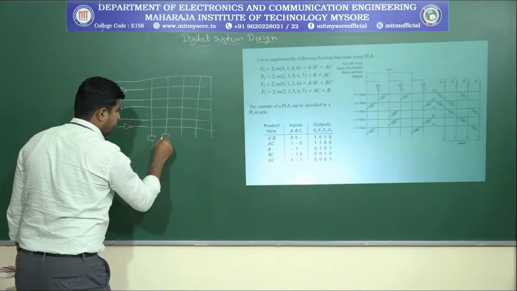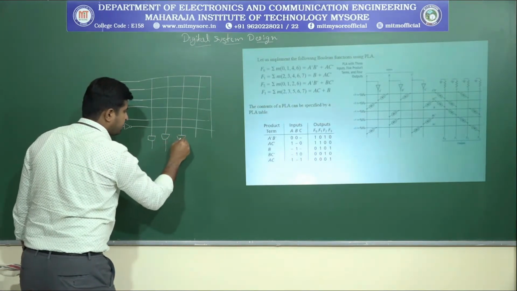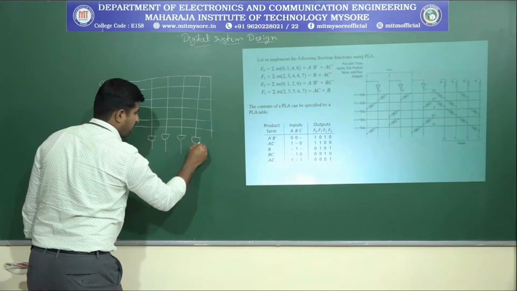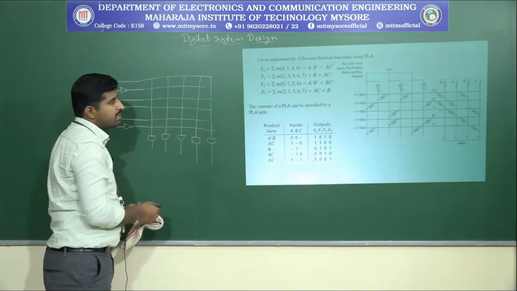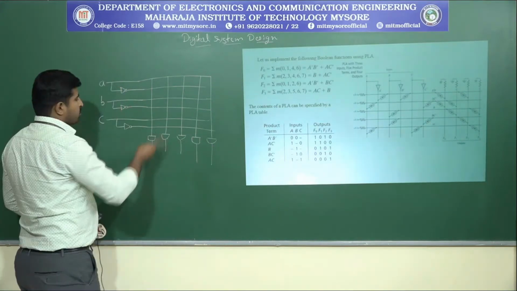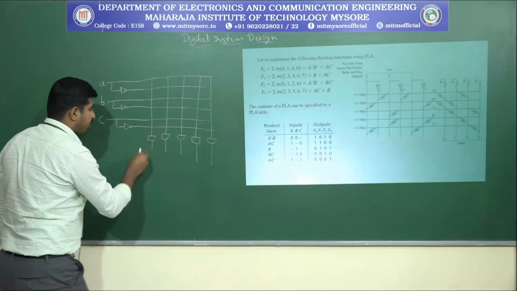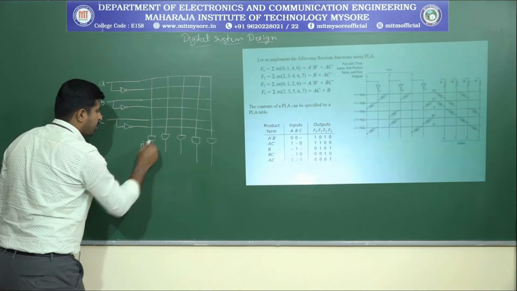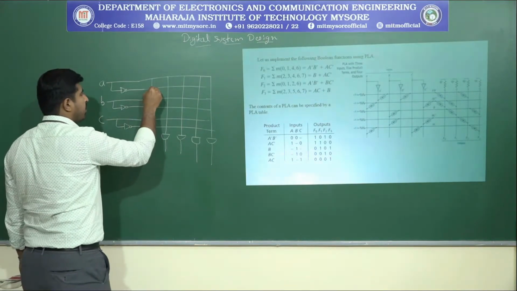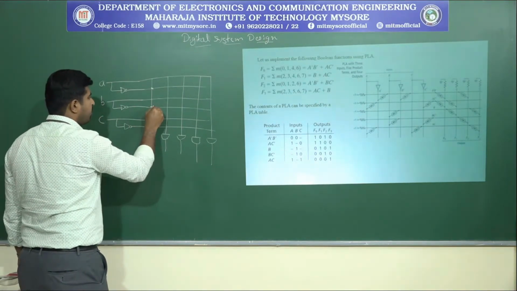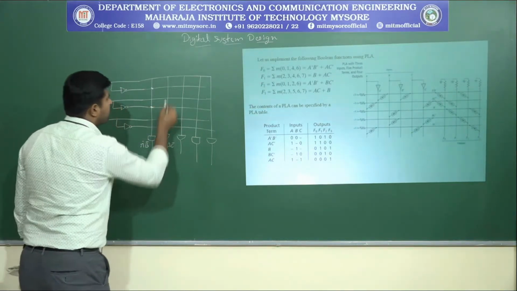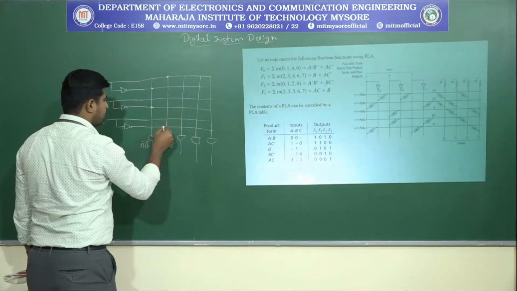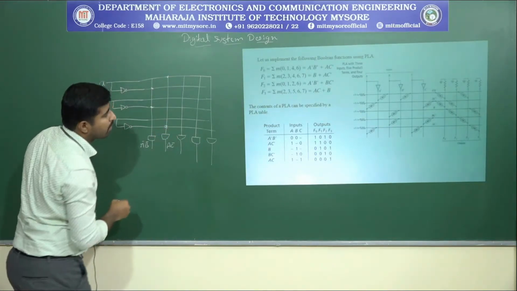Whatever is given there, I am representing here. This circuit diagram is similar to this circuit diagram also. So what we need is A bar B bar. Here we connect A bar and B bar, which will be programmed. Similarly A C bar, A programmed and C bar programmed.